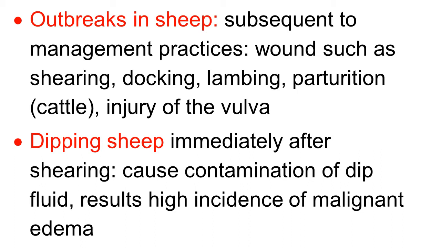They also cause malignant edema. Dipping of sheep immediately after shearing causes contamination of the dipping fluid, and that results in a high incidence of malignant edema in the other sheep, because there are wounds in the other sheep also, and there is an outbreak of malignant edema.